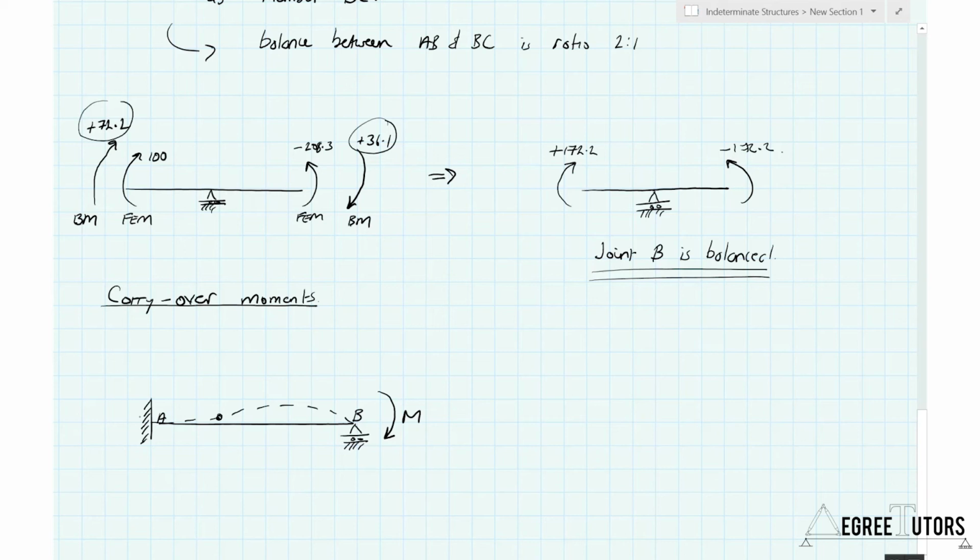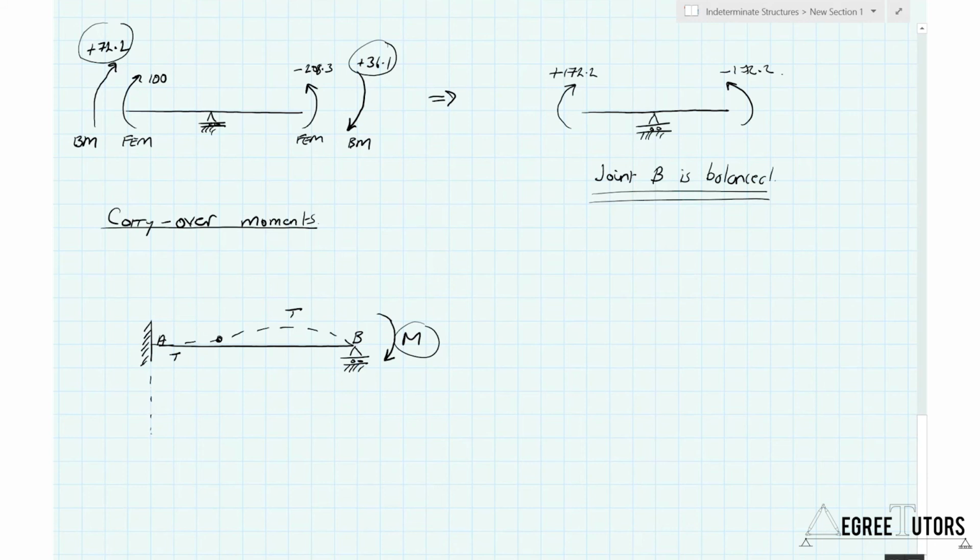And because it's a fixed support, I know that if I apply a moment M at joint B, some of that moment has got to be propagated over to joint A. So there is an effect, there is an influence. This moment of M at joint B has an influence on the support at joint A.